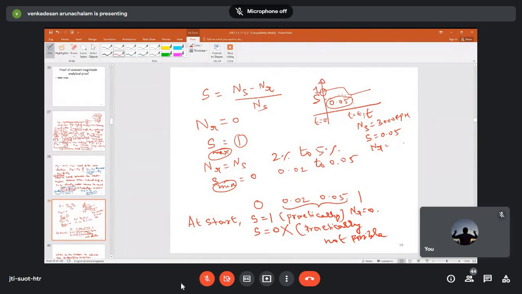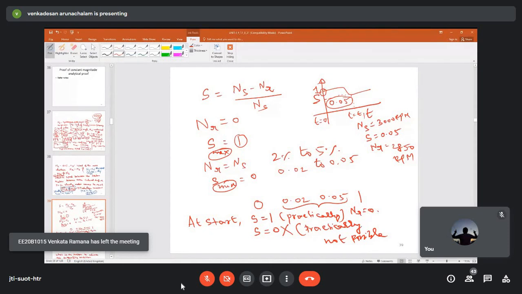So you buy a motor, you start the motor, you measure the slip initially, it shows 1. After some time, because the rotor started rotating, the rotor speed will come to 2850 for the slip 0.05, because the motor is designed for the operating slip of 0.05 when the synchronous speed is 3000 RPM.